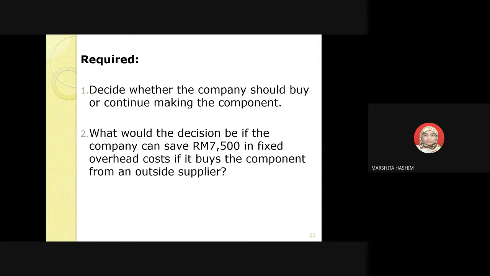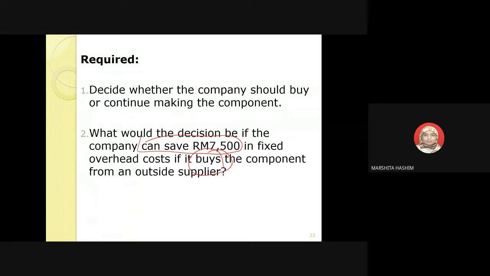Decide whether the company should buy or continue making the component. So you calculate cost if the company buys, and compare with total cost if they continue making the component. Number 2, what would the decision be if the company can save 7,500 fixed overhead if it buys the component from outside supplier?